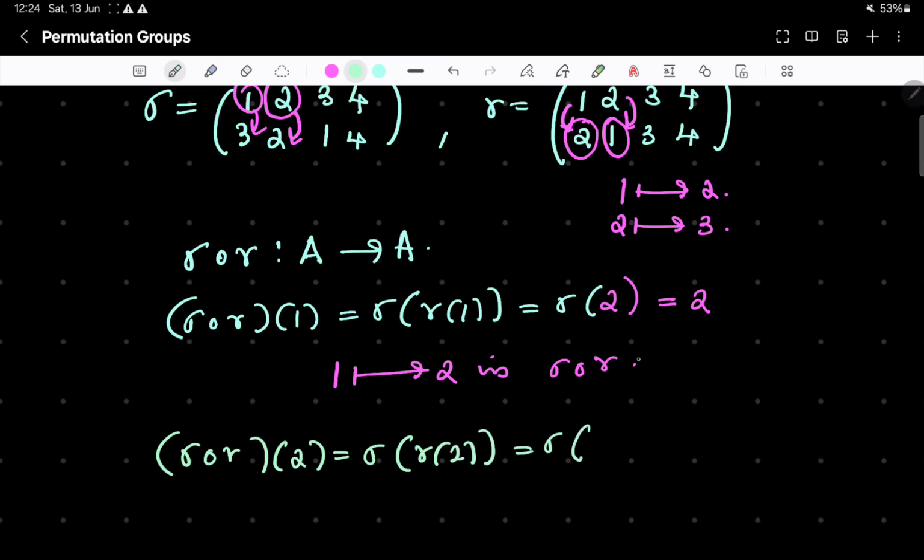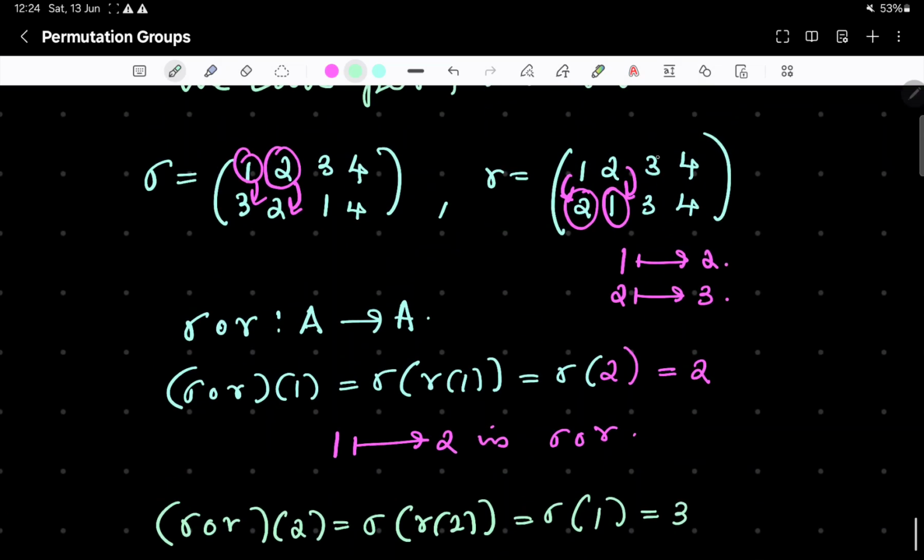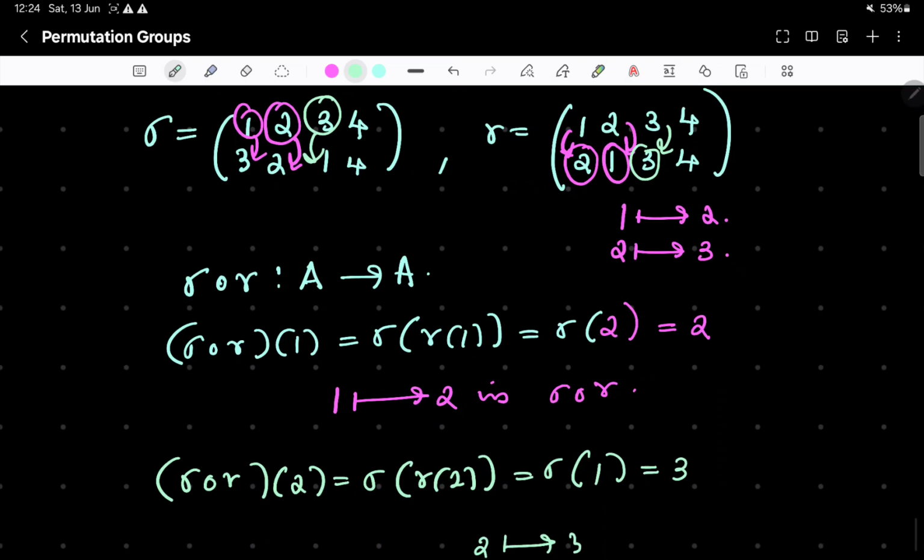Gamma of 2 is 1. Sigma of 1 is equal to 3. So we find that 2 goes to 3. Similarly, let's try where 3 goes to. So 3 goes to 3 in gamma. Once it hits, start from the sigma side: 3 goes to 1. So 3 goes to 1.